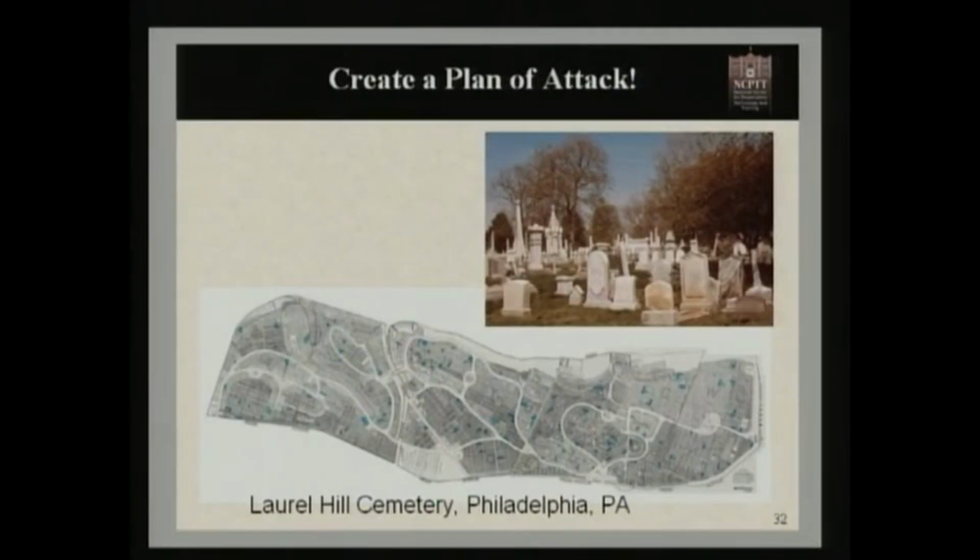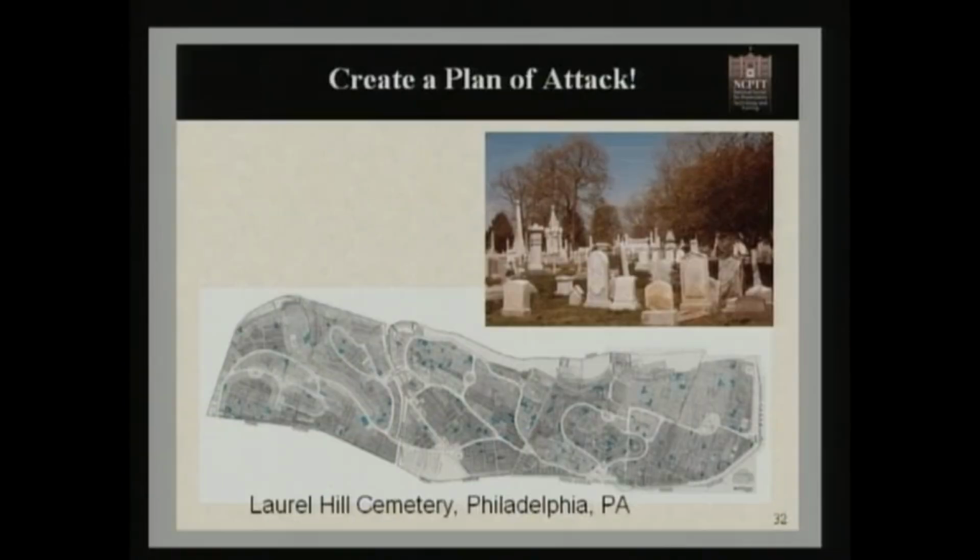If you have a small cemetery, you may be able to survey all the grave markers, but in very large cemeteries, such as Laurel Hill Cemetery in Philadelphia, you would never have the manpower to be able to survey all of the cemetery. So you need to have a plan of attack.